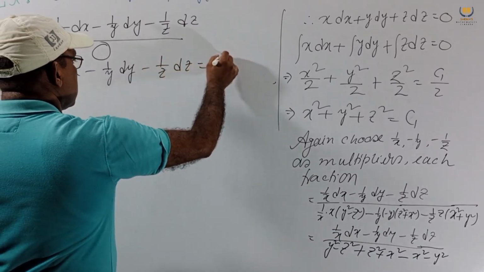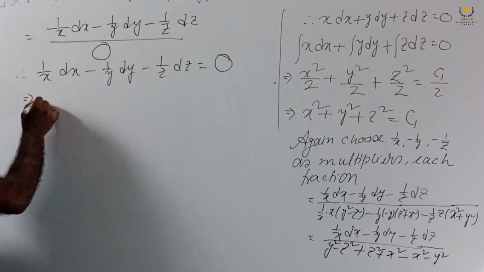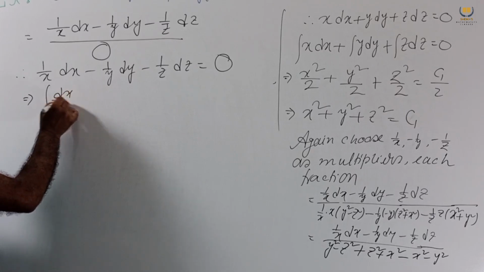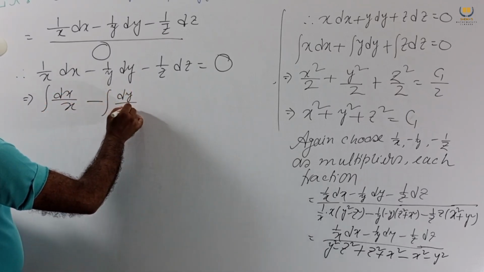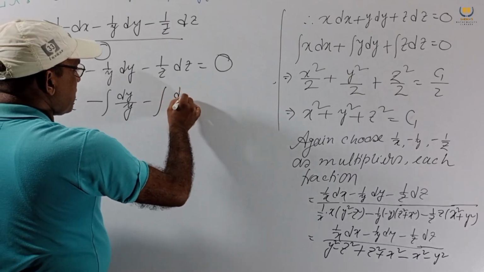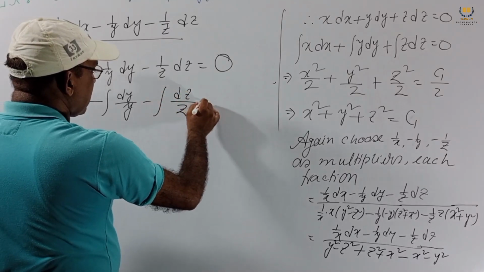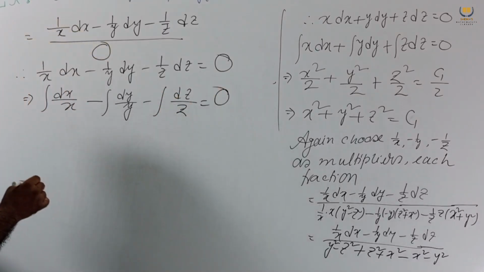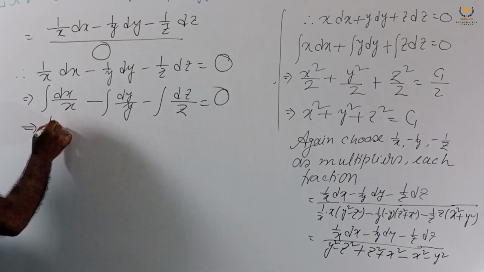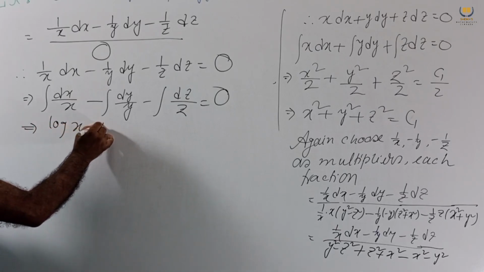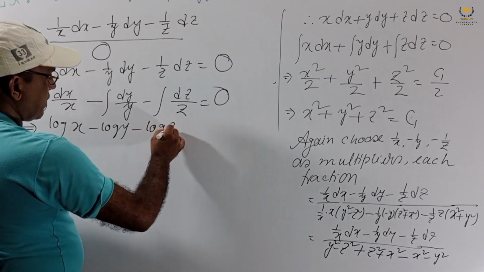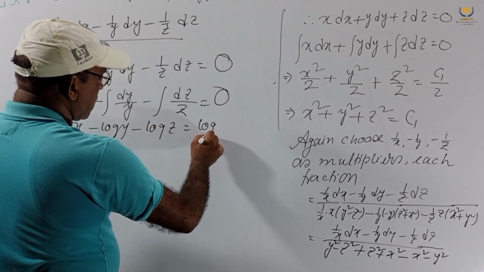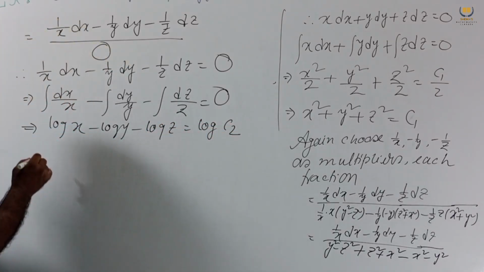Therefore, we get x dx minus y dy minus 1 by z dz equal to 0. Now integrate both sides, dx by x, dy by y, dz by z equal to 0, and this will be log x, log y, log z equal to log C2.